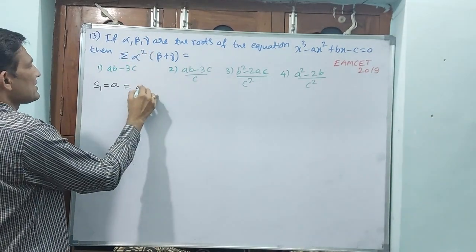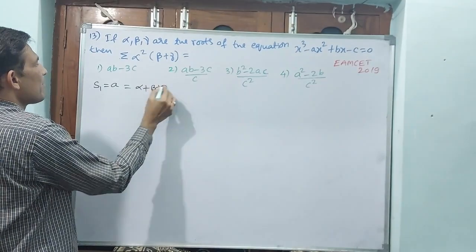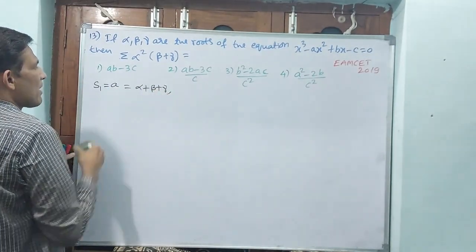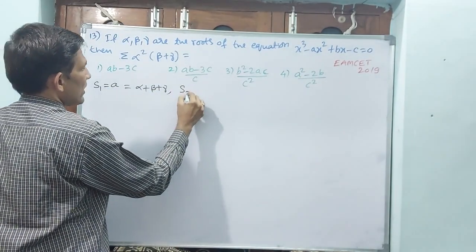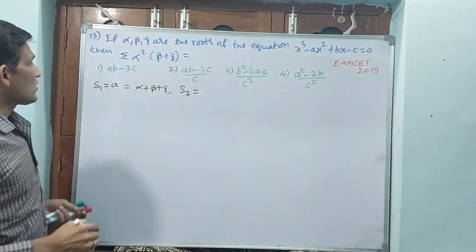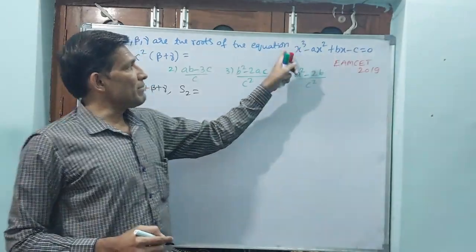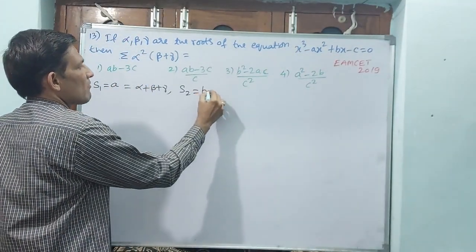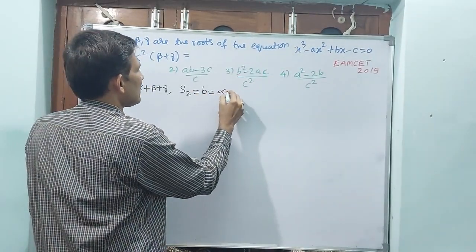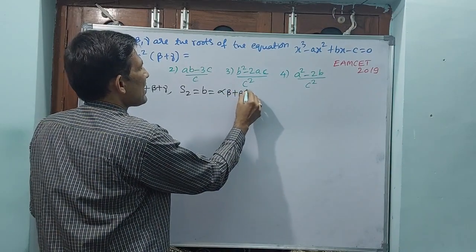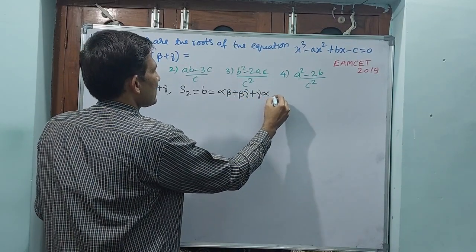S2 is how much? B by 1, that means b. But what is this? This is alpha beta plus beta gamma plus gamma alpha.